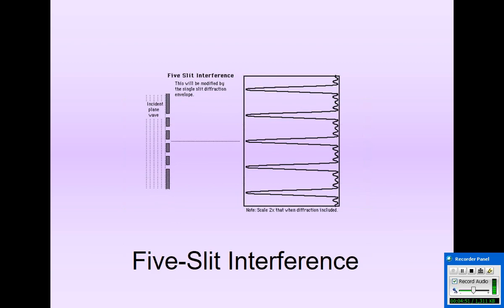way beyond just 5, is that you get these bright spots that are actually relatively widely separated from each other. They are not going to be within a tiny angular range like the double slit case. These values of theta are going to be significant, and the small angle approximations will not apply.